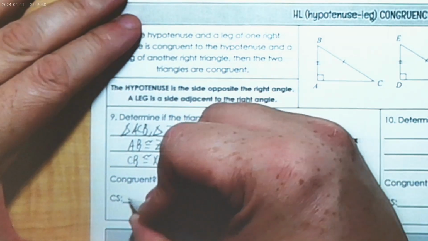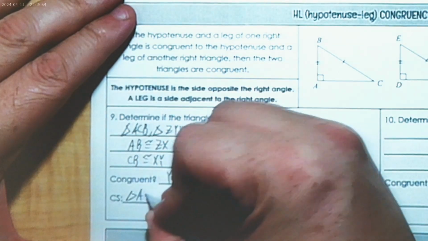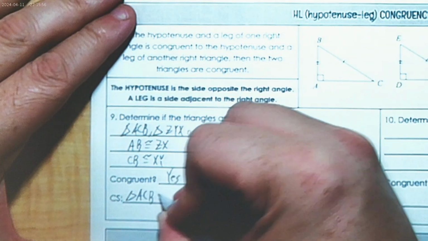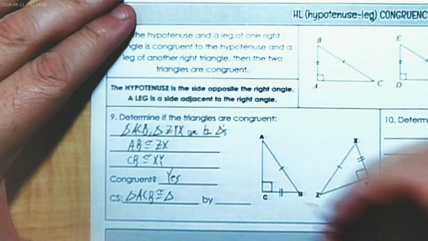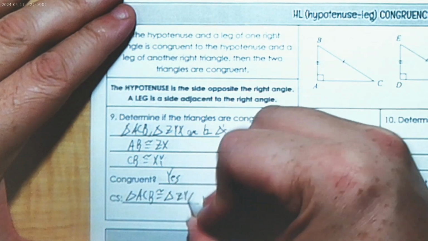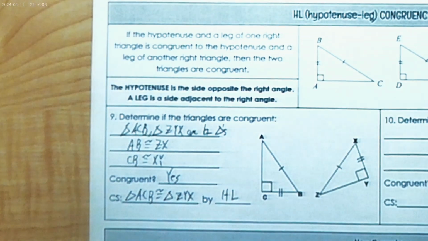The congruency statement is, using the right angle as a reference, triangle ACB is congruent to triangle ZYX by HL. And again, in order to use the HL theorem, you have to establish the nature of the right angle.